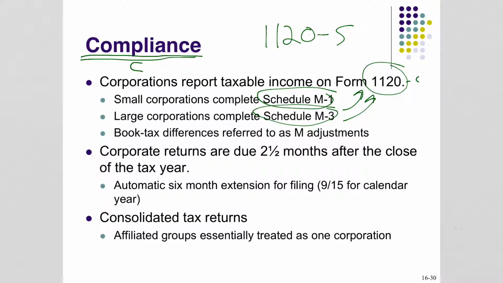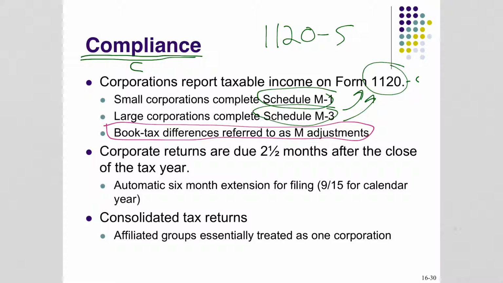We're going to look at what these Schedule Ms are all about. Basically, they are showing the book tax differences to the IRS and explaining them. Let me say that again. It's going to show the book tax differences and explain them to the IRS.